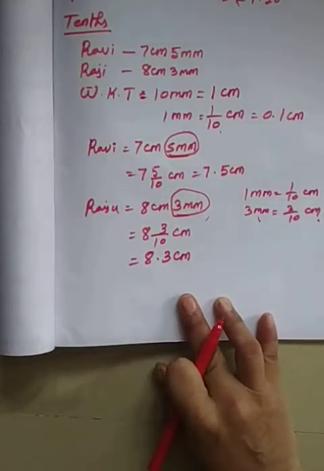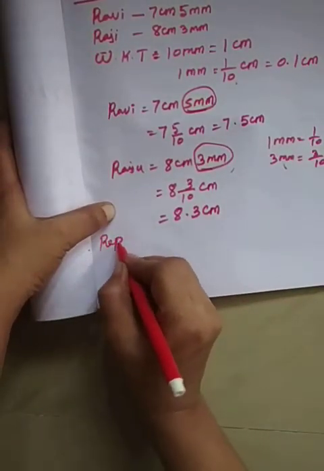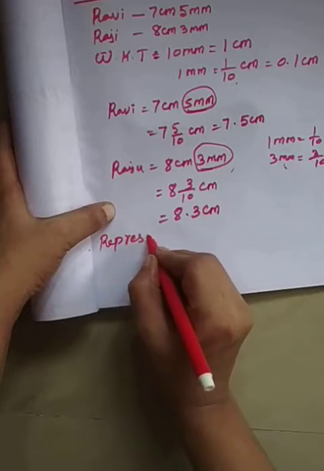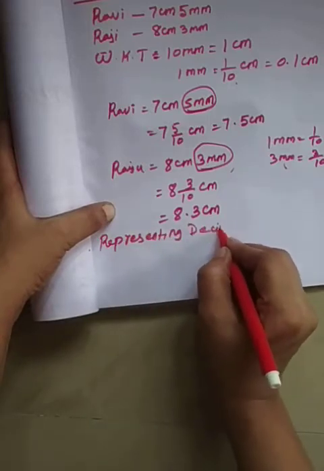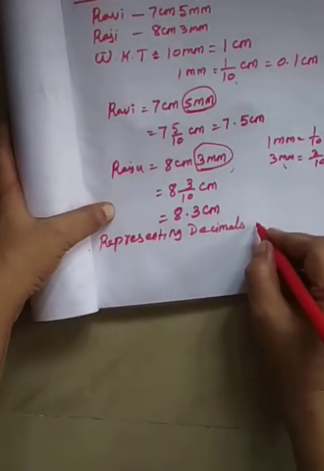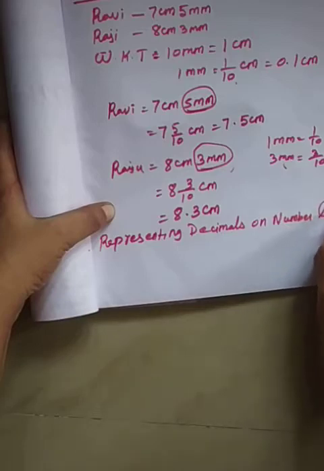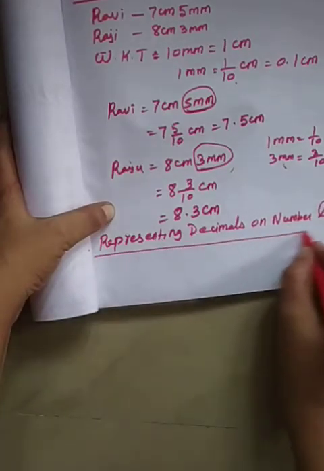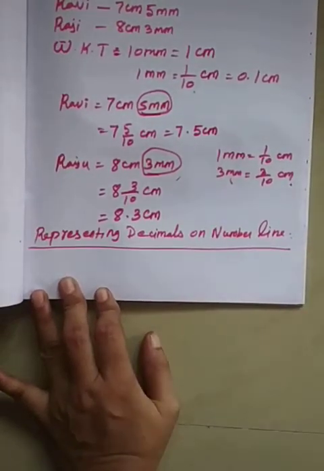Now the next one is representing decimals on a number line. This is very easy.